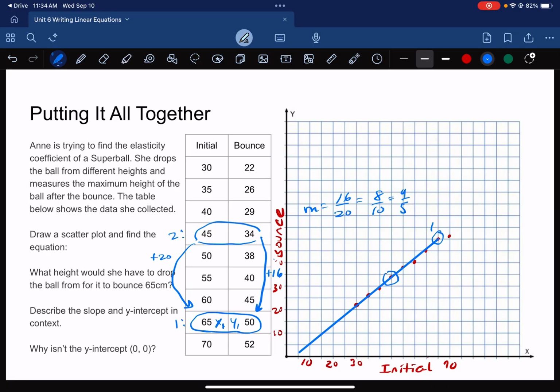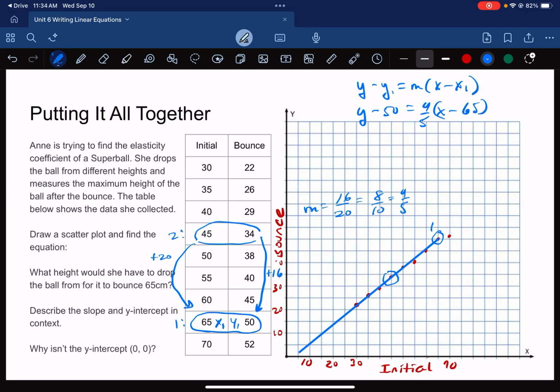So we got a slope, and we got x1, y1. So point-slope form looks like this: y minus 50 equals 4/5 times x minus 65.